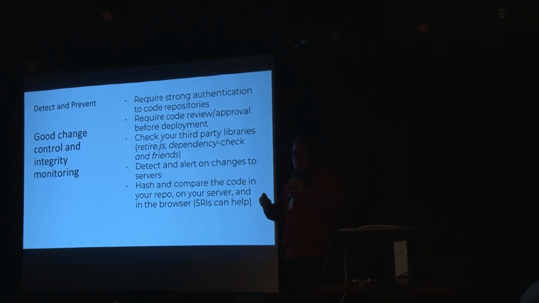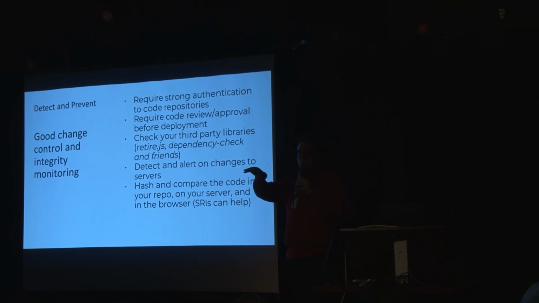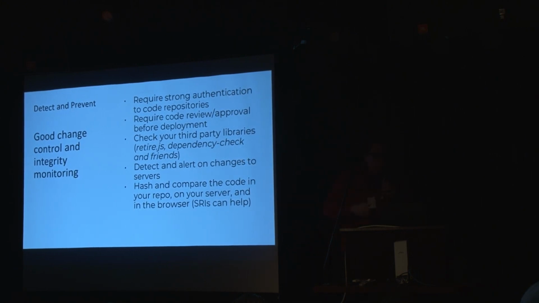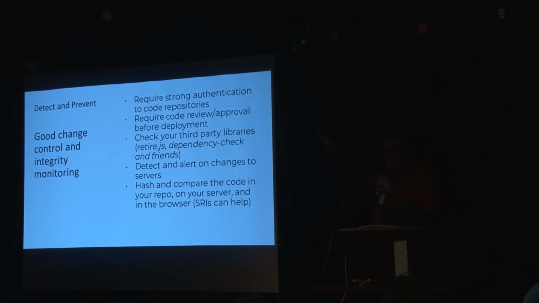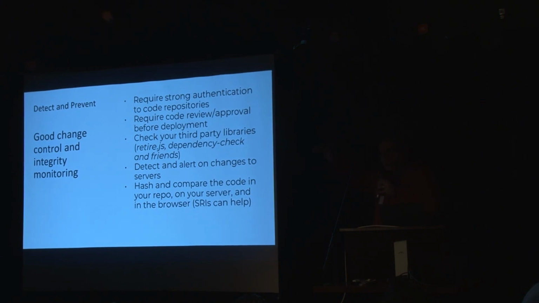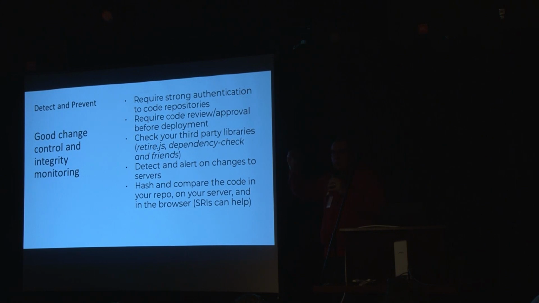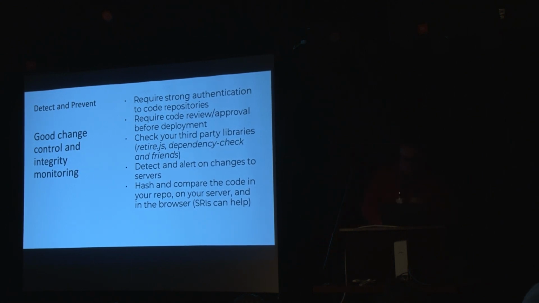So some sort of file integrity monitoring over the objects that get loaded onto there and get served out to your customers. Ideally, what's in the repo, what's on the server, and what runs in the browser can all be hashed and compared. And there are ways to assert the hash of the third-party or first-party resource to the browser so that the browser will only run the script if it matches the hash.